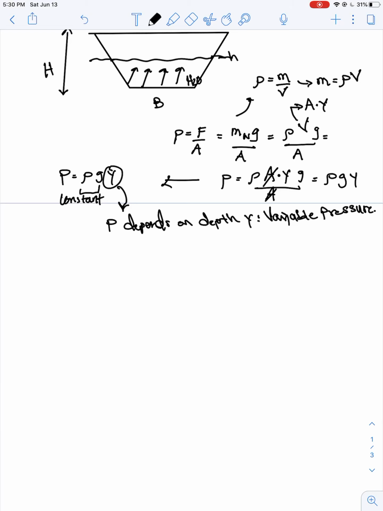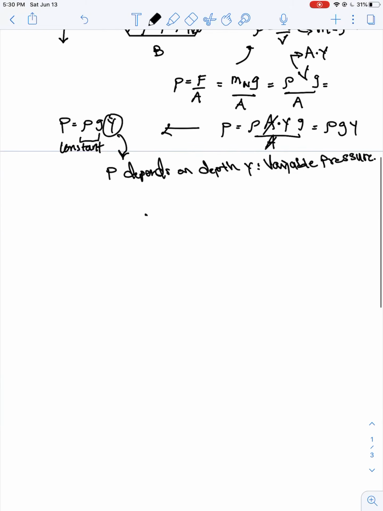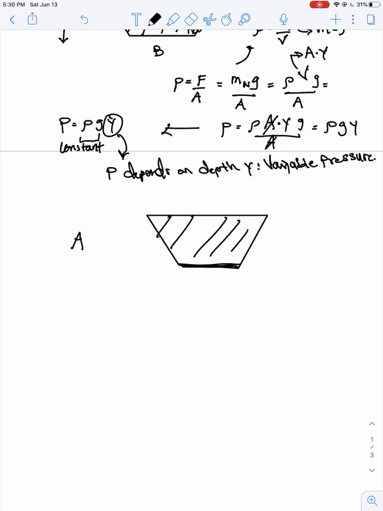One more thing that we need to keep in mind is that when looking at this dam, we know that it has a trapezoidal shape. It's not a very good trapezoid, but the point is, since the dam is in the shape of a trapezoid, its area, well, we know that the width of the dam is not constant.